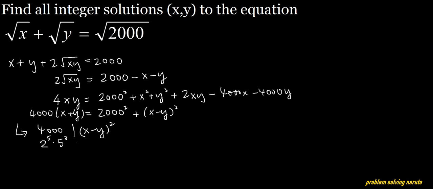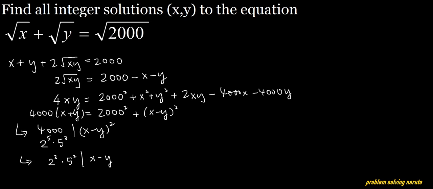So if 2 to the 5 and 5 to the 3 divide (x minus y) squared, we must have 2 to the 3 divides x minus y, and 5 squared divides x minus y.